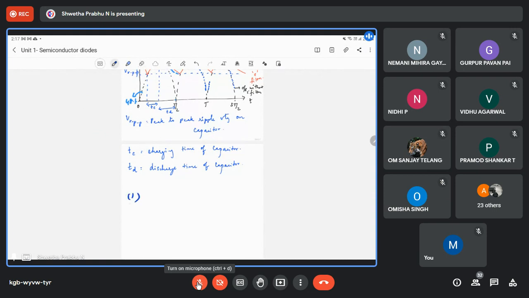the first formula is the ripple factor gamma, and it is given by 1 over 4 root 3 f C R_L. Please make a note of these formulas.